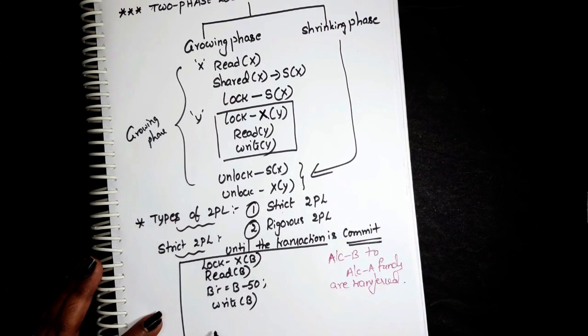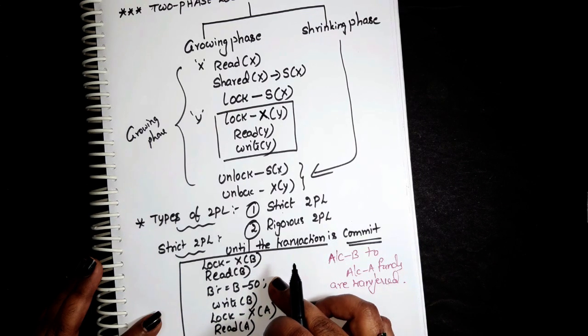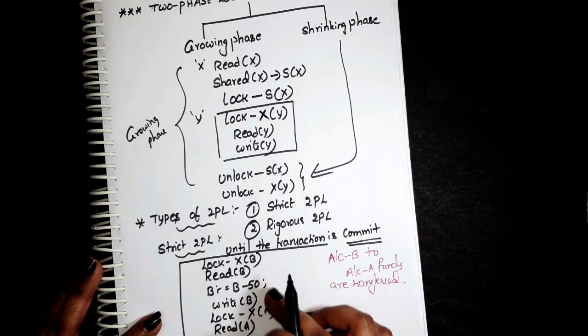Next, you read A, then A := A + 50, and you perform the write operation on A. Similarly, you place an exclusive lock on data item A. So you take an exclusive lock on B and both read and write operations are executed.